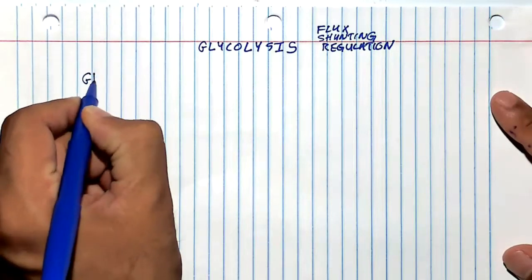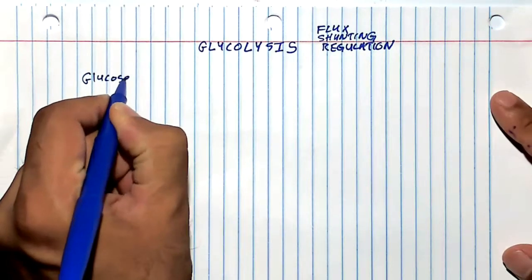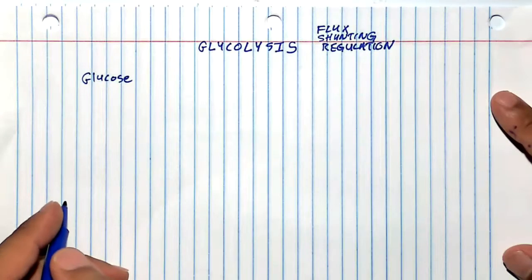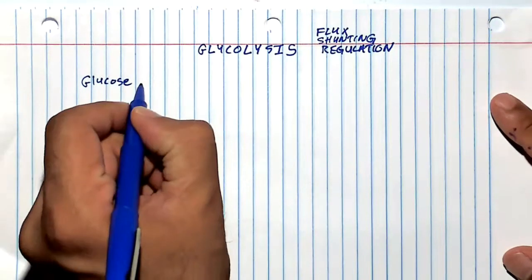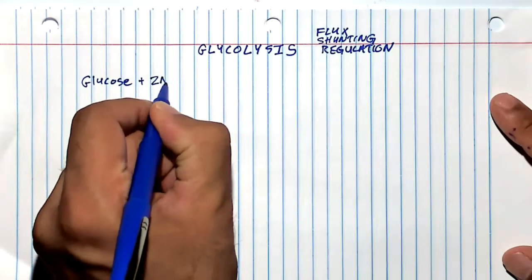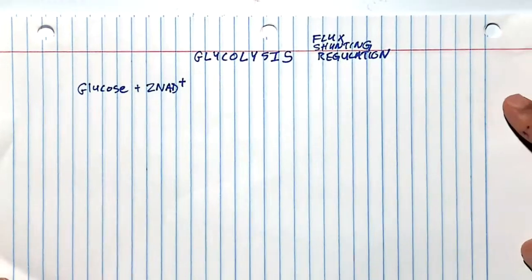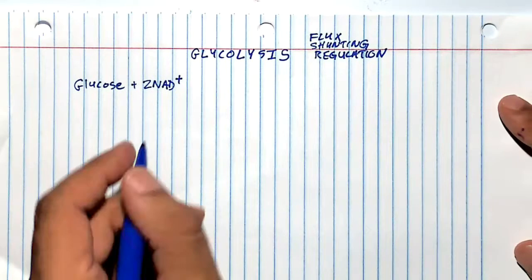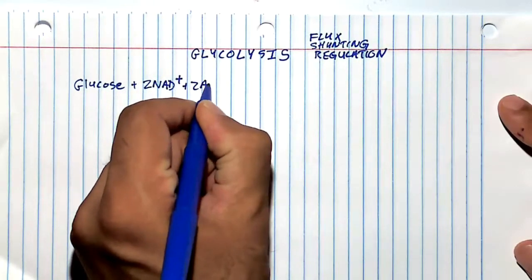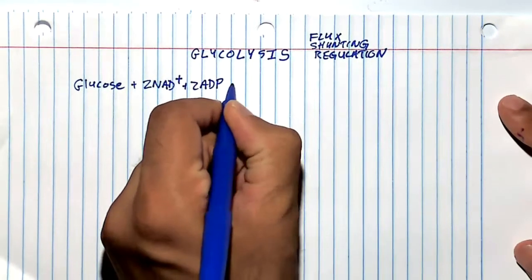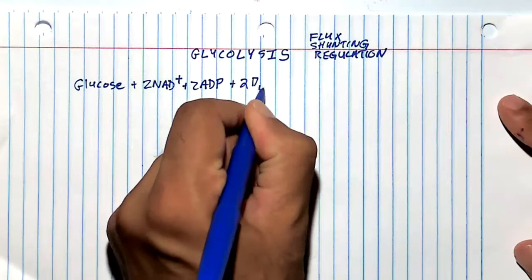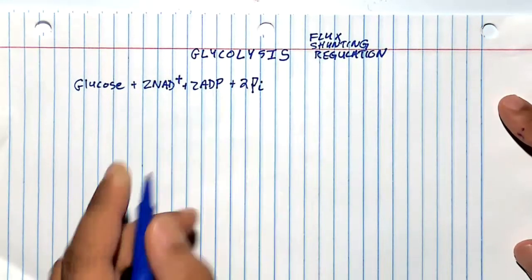Let's first talk about the net reaction of glycolysis. So first, glucose, usually by dietary intake, will react with 2 NAD+, 2 oxidized form of the nicotinamide adenine dinucleotide cofactor, plus 2 molecules of ADP, plus 2 molecules of inorganic phosphate.